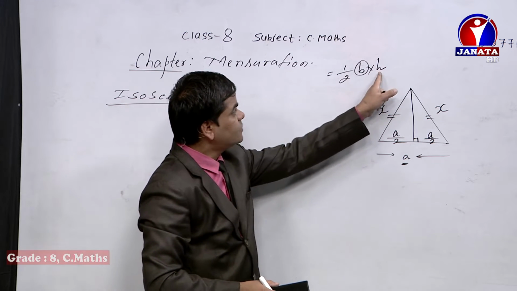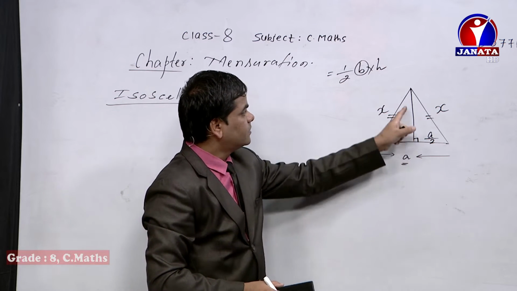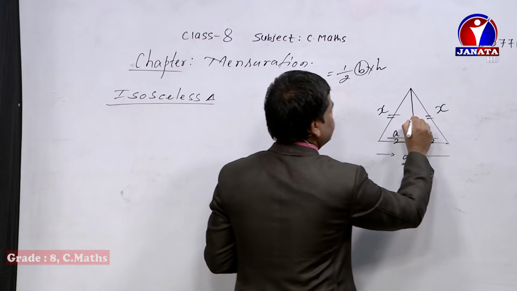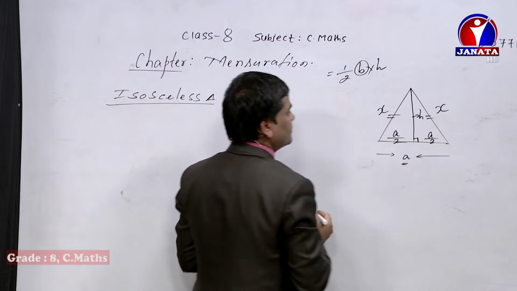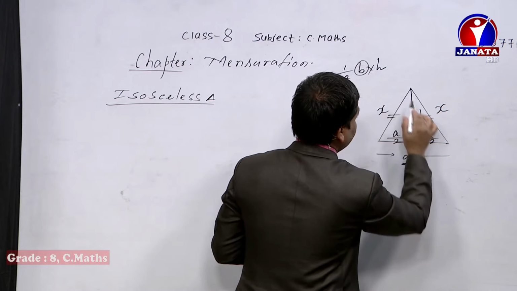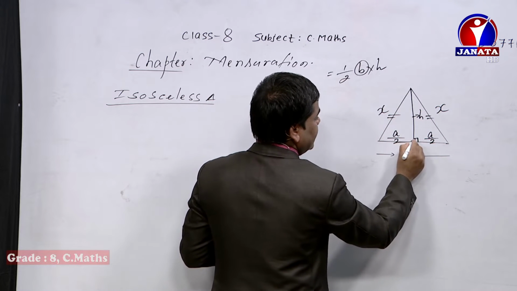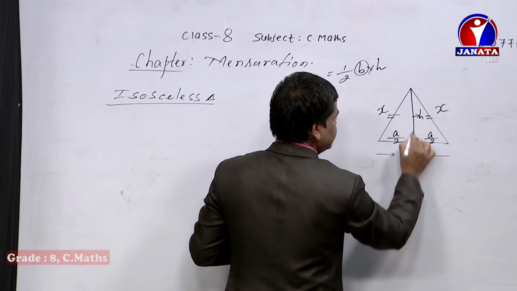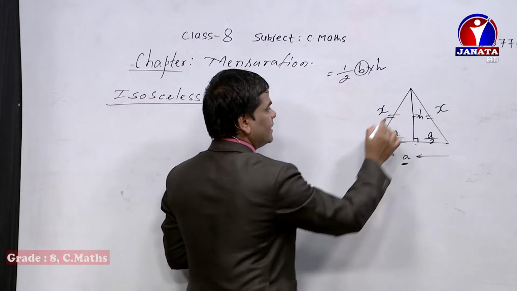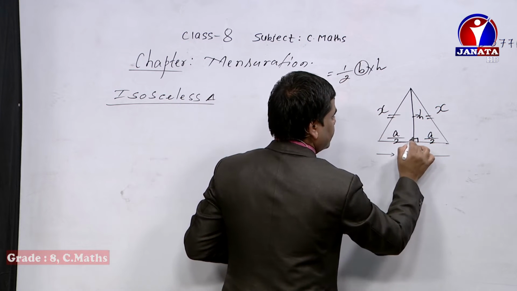Now we need to find the height here. This one is the height. So what formula should we use? If we take those two right angle triangles, here is the 90-degree sign, so this side forms a right angle triangle, and this side is also a right angle triangle.